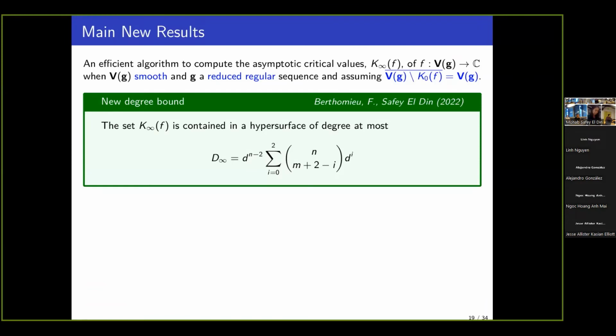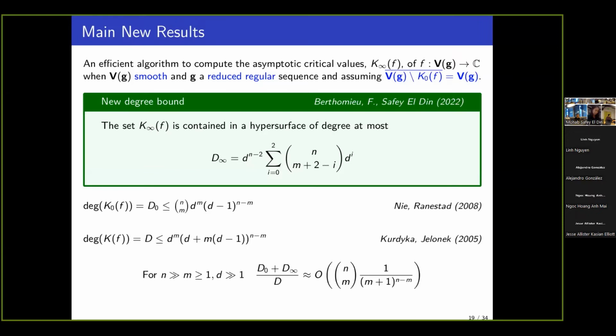Along with our algorithm, we have a new degree bound for the set of asymptotic critical values. To put this into some context, we can compare this to the bounds on the degrees of the critical values by Nie and Ranestad, and the previously best known bound on the generalized critical values by Safey El Din and Schost.